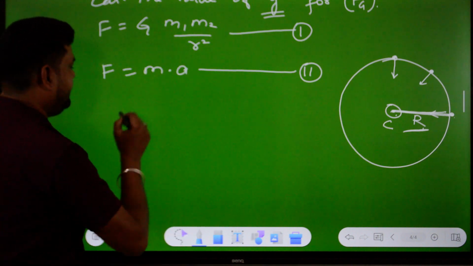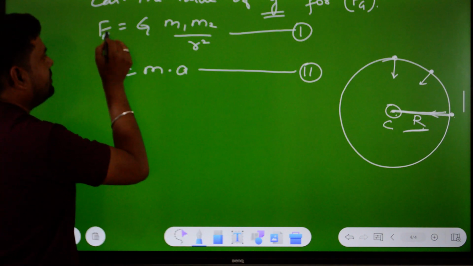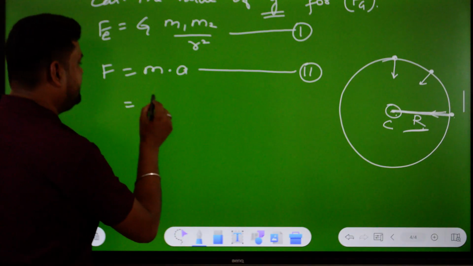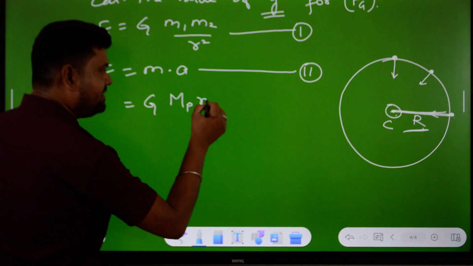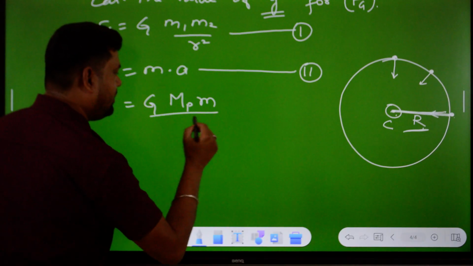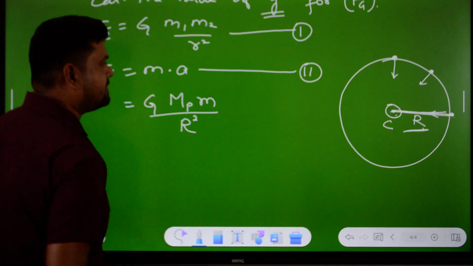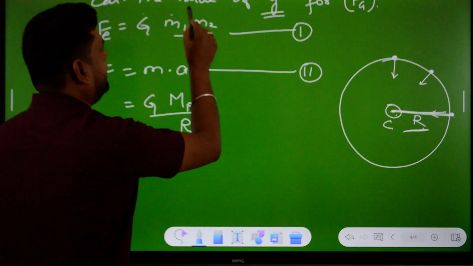So the force on earth is equal to G, mass of the planet into mass of the object, upon radius of that planet square. So G m1 m2 by r square.